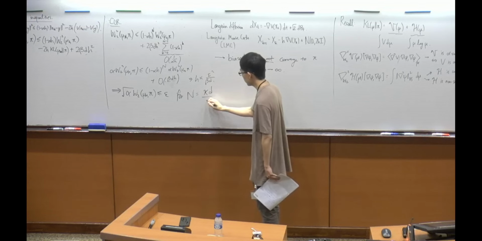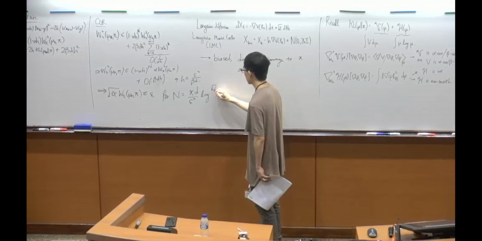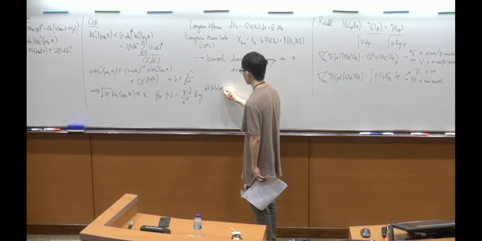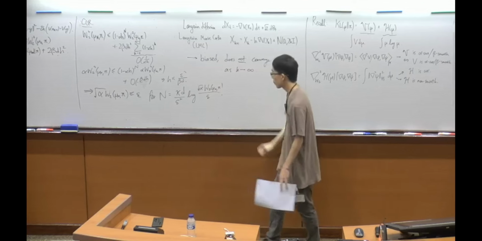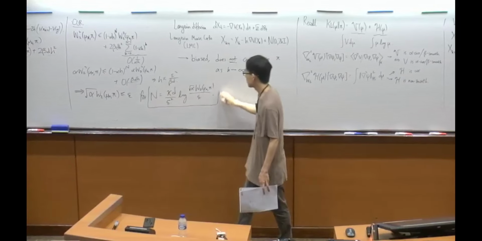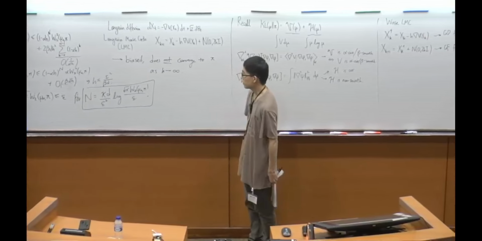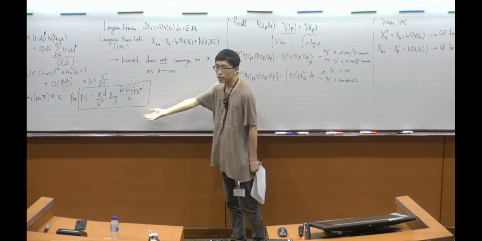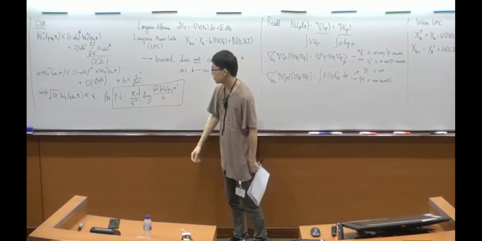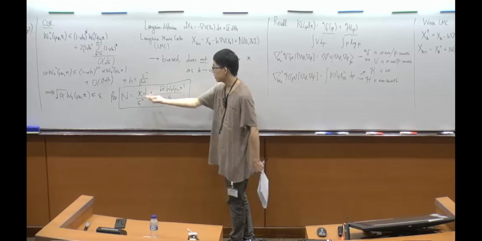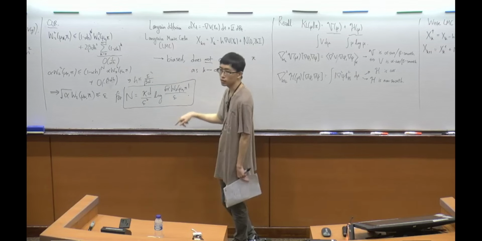So this is the condition number over epsilon squared times log of the initial distance over epsilon. You don't have to stare too hard at this expression. It's some non-asymptotic complexity bound. Maybe even forget about the log terms for now, but this is basically condition number times dimension divided by your target accuracy epsilon squared.